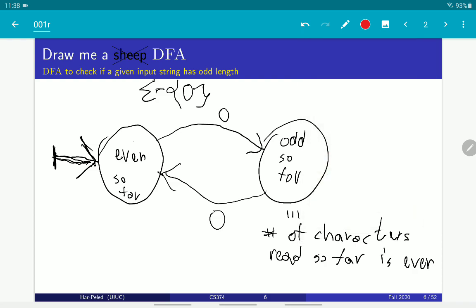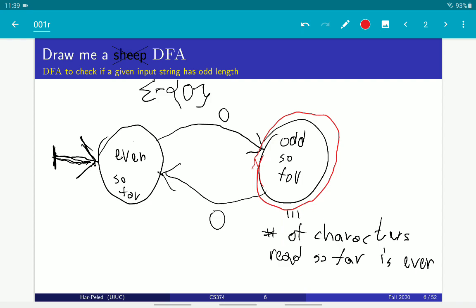So this is the automaton, except that I have to tell you what the accepting state is, and this we designate by drawing two circles around the state. Except that here I made a mistake, because here we wanted the odd length string. So the odd length string would be this state, so we draw a circle around it. This says the odd state is the accepting state.